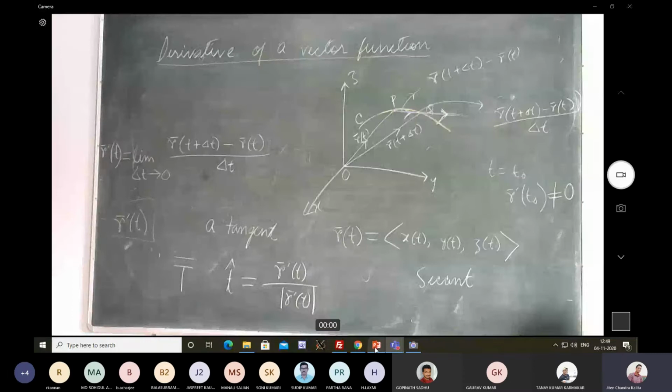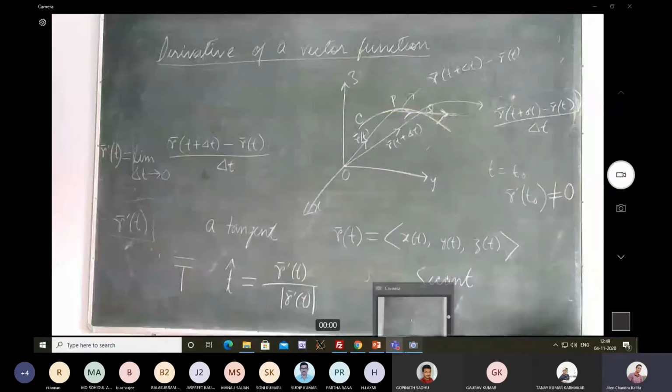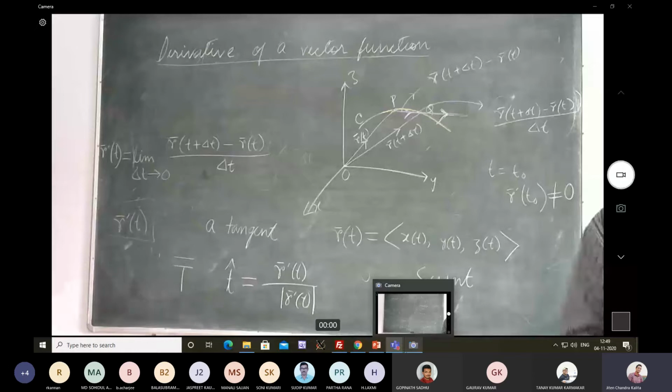Now let us come to surfaces and integral curves. The integral curve part I will come to a bit later, but surface I have already told you about.